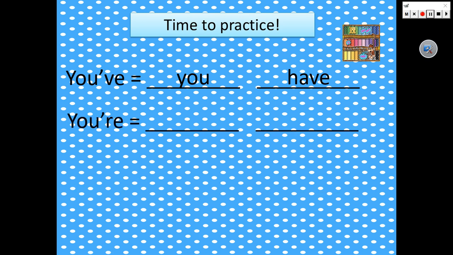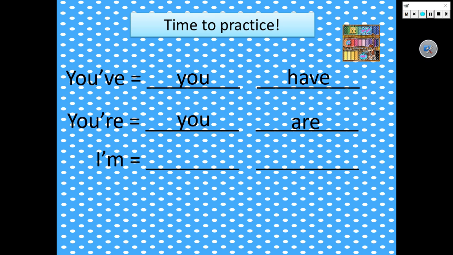The next contraction is you're. I want you to pause and try to write down on your piece of paper the two words that are in the word you're. And if you said you are, correct. All right, the next contraction is I'm.